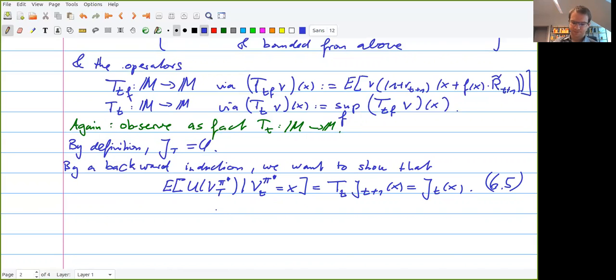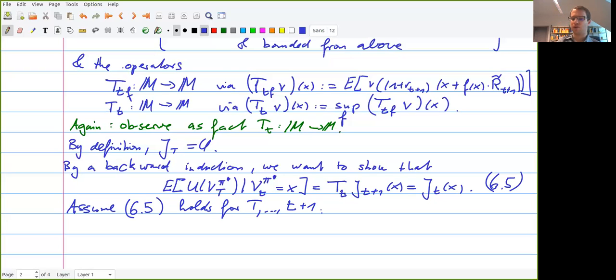Okay, so backward induction, you all know what backward induction is. We want to assume as an induction hypothesis that this statement here, 6.5, holds for times up to t plus 1.